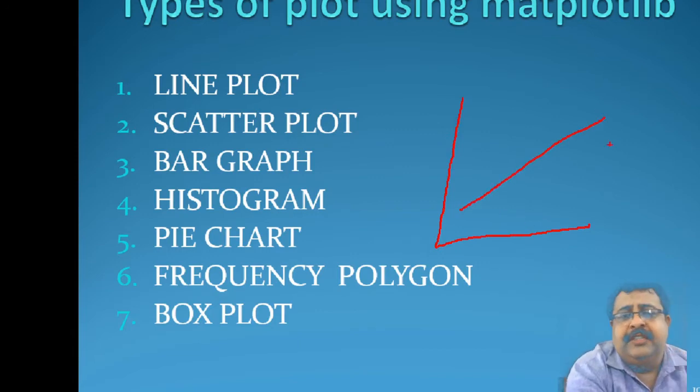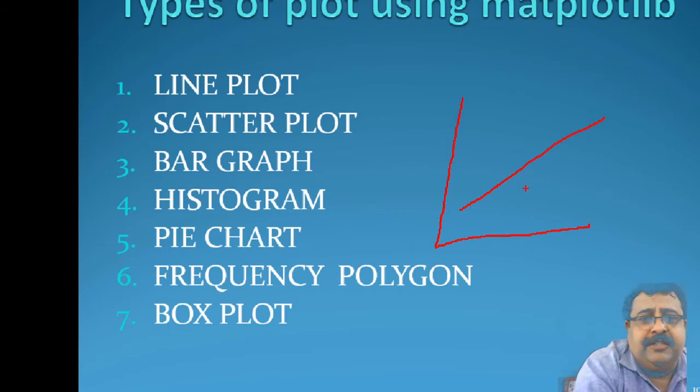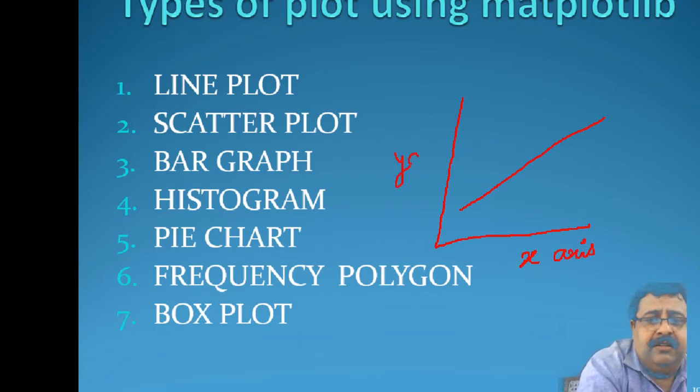Whenever we are drawing this kind of plot, it is known as the line plot. Here is the x-axis, here is the y-axis. So this kind of plot is plotted in the line plot.